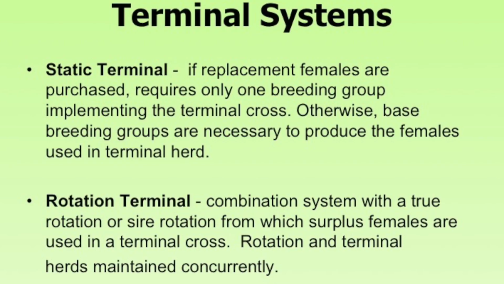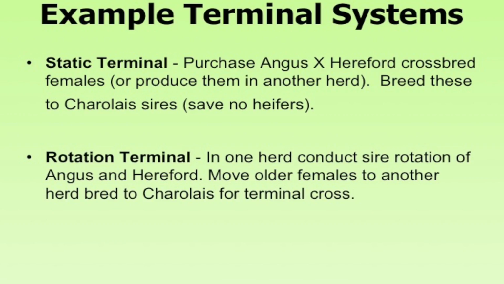So for example, in a static terminal, you purchase Angus-Hereford crossbreds and breed them to maybe a Charolais or continental type sire. The rotation would be in one herd, where you conduct a sire rotation of Angus and Hereford. You move the older females to the other herd and breed to a Charolais for a terminal cross.